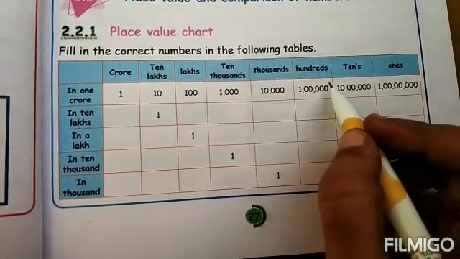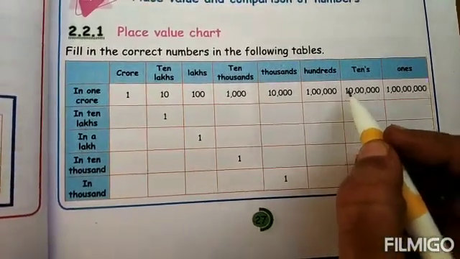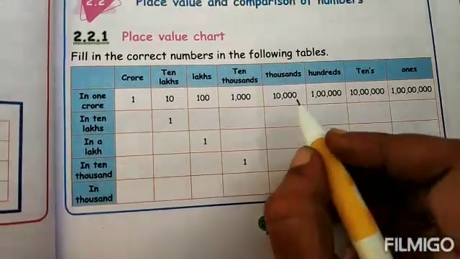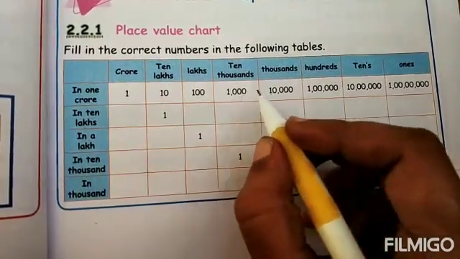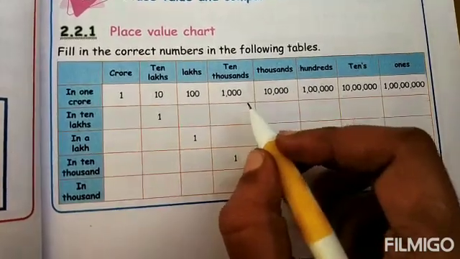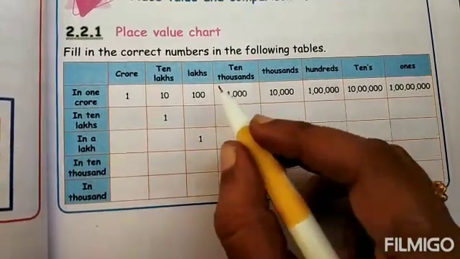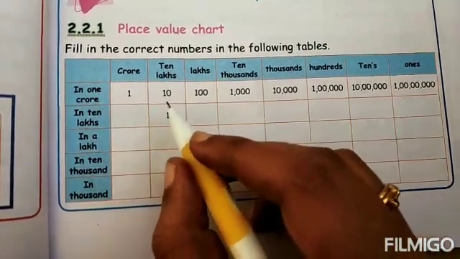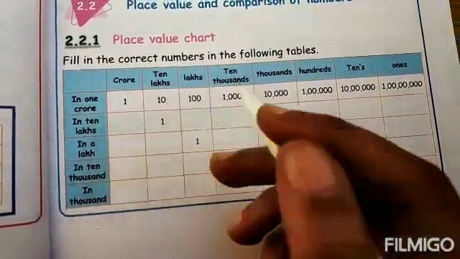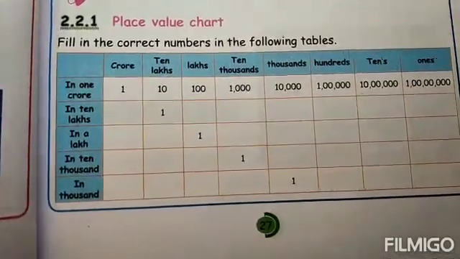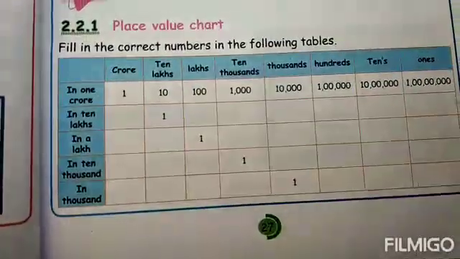How many hundreds will be there? 1 lakh hundreds will be there. Thousands, 10,000 thousands will be there. And then 10,000s, 100 of them will be there. And lakh, 10 lakhs will be there. And 1 crore.